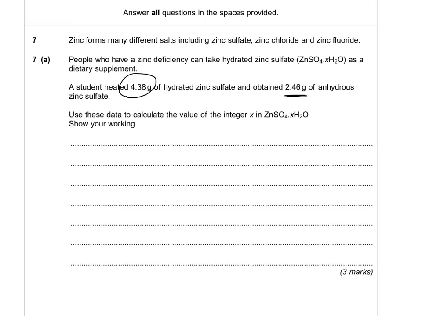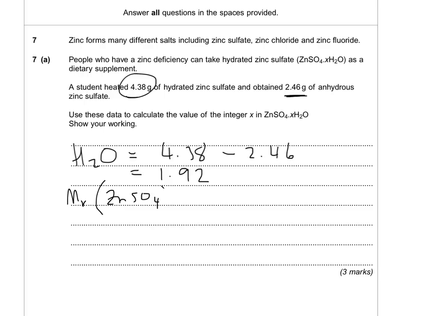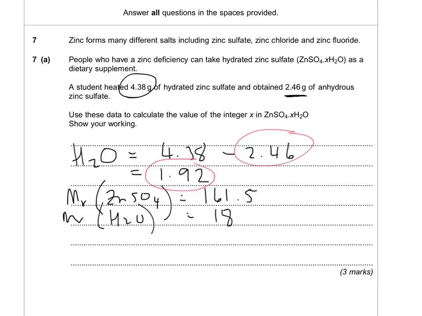First thing you've got to do is work out what mass of water was in this amount of zinc sulfate. So it tells you that you got that much zinc sulfate out of it, so the amount of H2O is going to be 4.38 take away 2.46, so that equals 1.92. They need the Mrs of both of the parts of the zinc sulfate with the water. So the Mr of zinc sulfate is 161.5, and the Mr of water is 18. So you just divide these two numbers by the Mrs, just like you would if they're just elements.